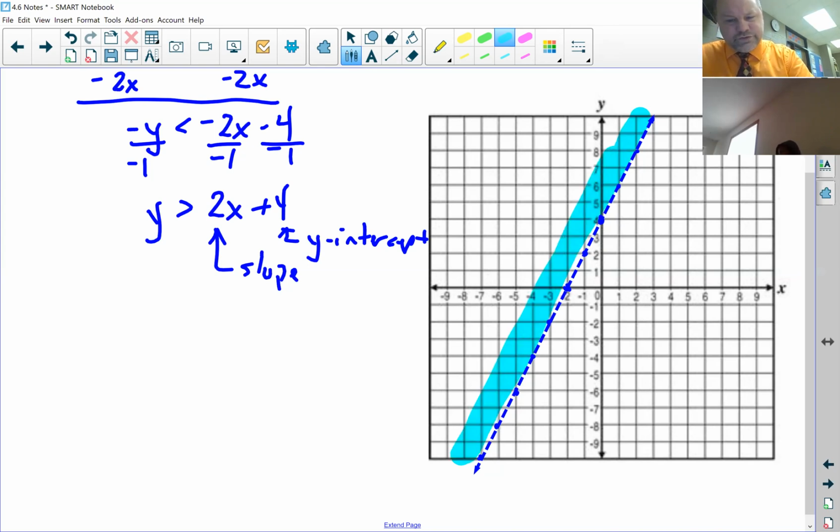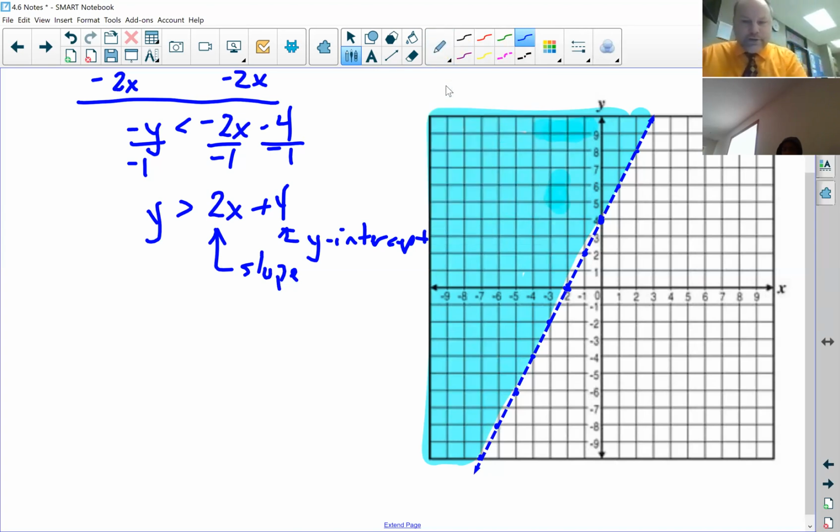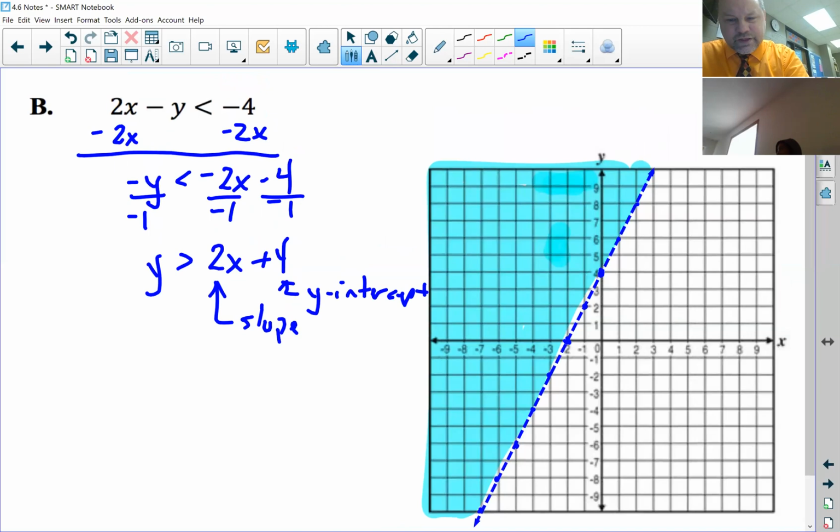If you use the intercept method and you had to pick a point, I will walk you through that as well. And that's a fine way to do it. You could have done it that way as well. With the intercept method, you would have found (0, 4) and (-2, 0) as your intercepts. And I would always use (0, 0), if it's not on the line.